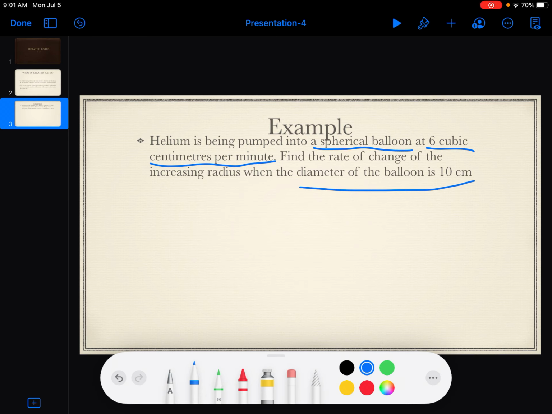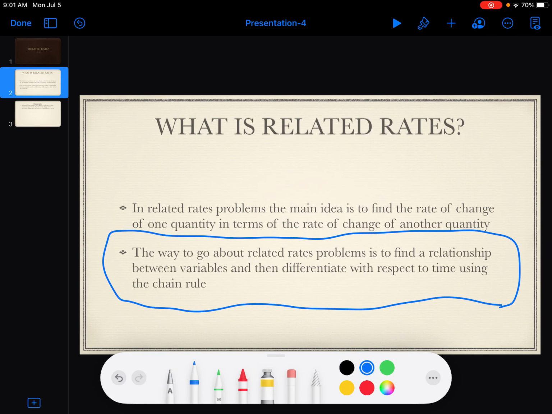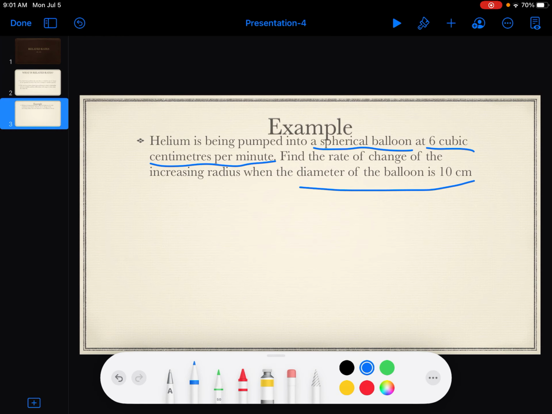A spherical balloon. Now, going back to the previous slide, like I said, the way to go about most of these questions is to look for a relationship between variables. Well, we got a relationship right here. Helium is being pumped into the balloon at 6 cubic centimeters per minute, so the volume is increasing at 6 cubic centimeters per minute.